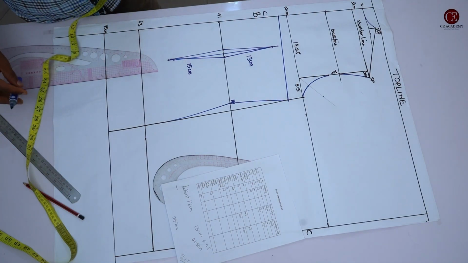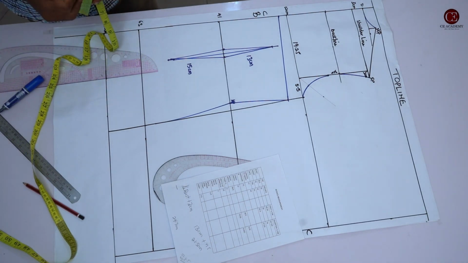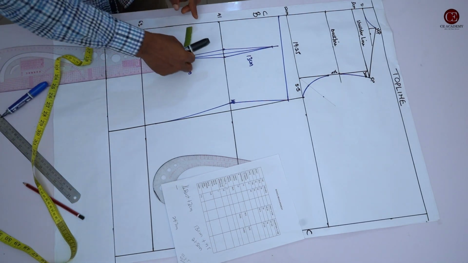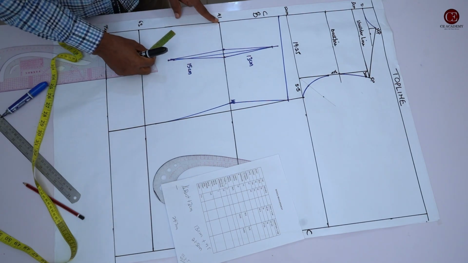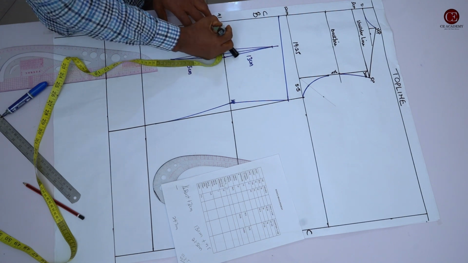To finish up with the back pattern, we need to do the basic center back shaping. This is necessary on all basic drafts as well. On the center back line, along the waist, go in 2 cm.